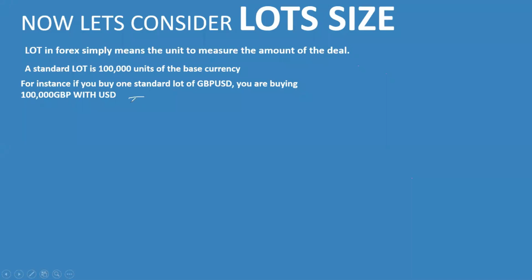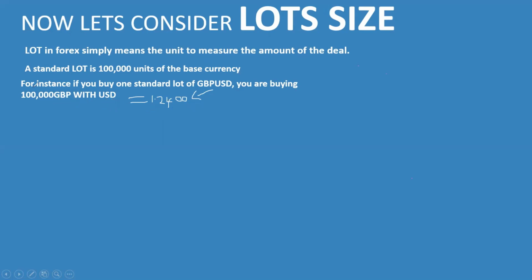If Great Britain pounds USD is equal to 1.2424, what it means is you need to bring $124,000 to get 100,000 units of this Great Britain pounds.